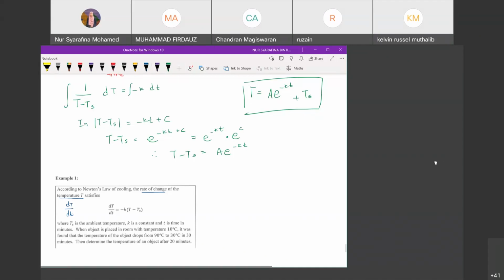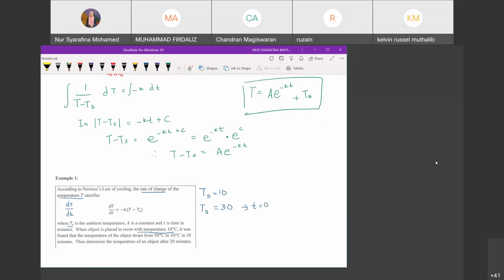So now determine all the information. We have room temperature, which is what? We have Ts equals 10. It was found that the temperature of the object dropped from 90 to 30 in 30 minutes. So initially, the temperature is 90, when t equals 0.